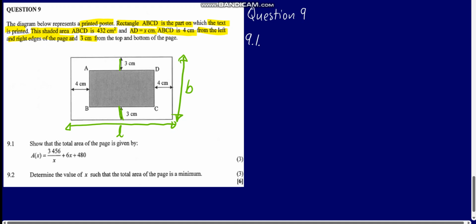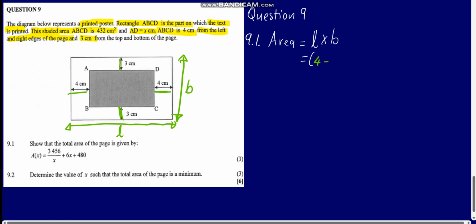So the area of the whole page is going to be length times breadth, right? So do we know the length? The length is going to be 4 centimeters plus 4 centimeters, right? This 4 centimeter plus this 4 centimeter here.